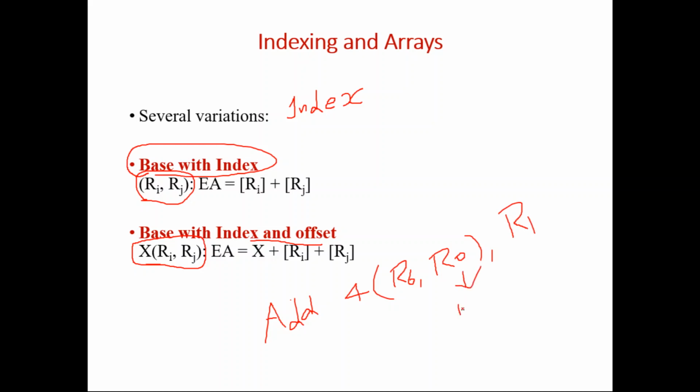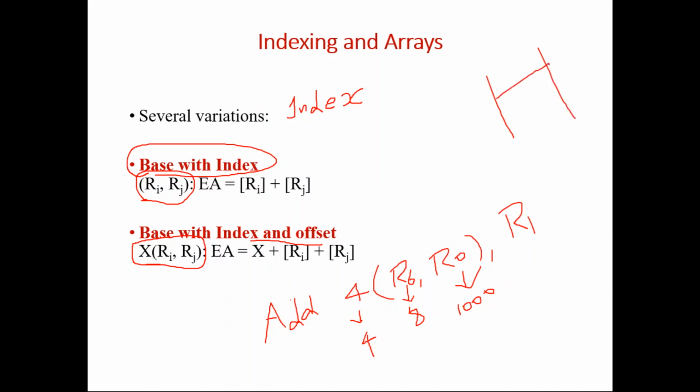The recent value of R6 is 8. So R0 is 1000, plus 8 is 1008. To that it will add this 4. 1008 plus 4 is 1012. So take the value at location 1012.